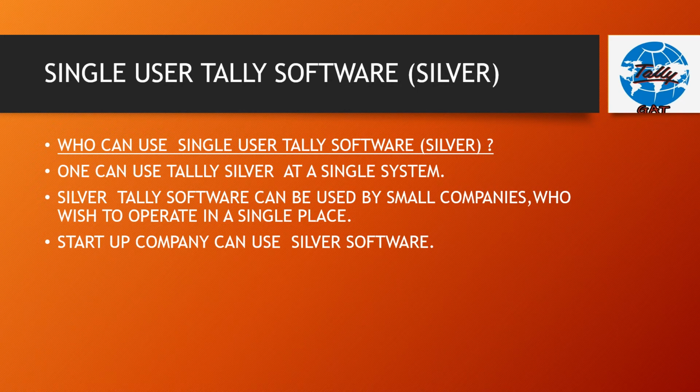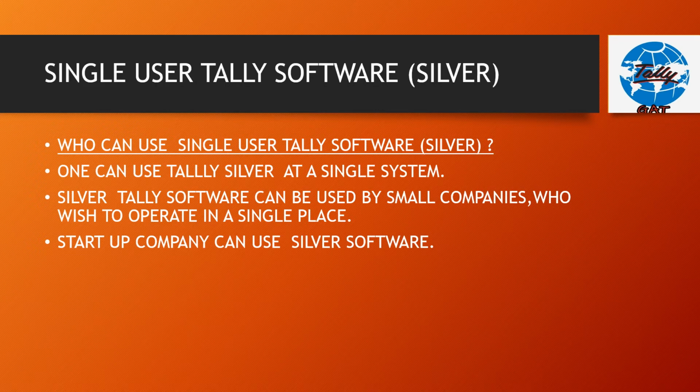Next, what is single user Tally software or Silver software? Who can use single user Tally software? That is Silver. One can use Tally Silver on a single system. Silver Tally software can be used by small companies who wish to operate in a single place.